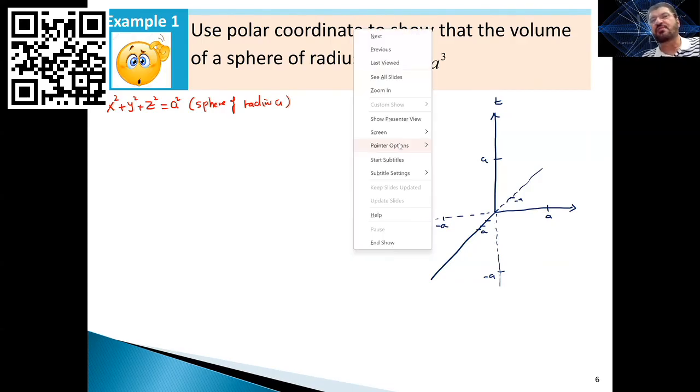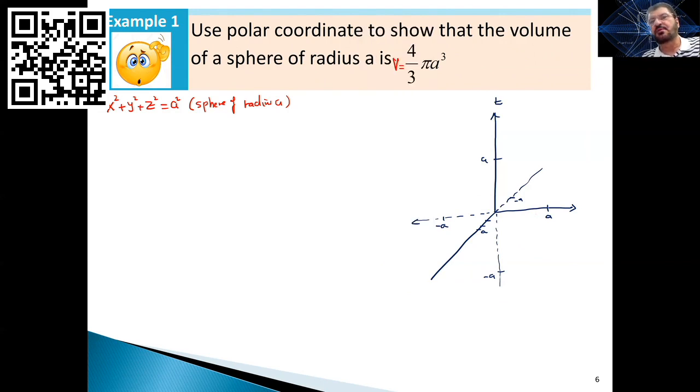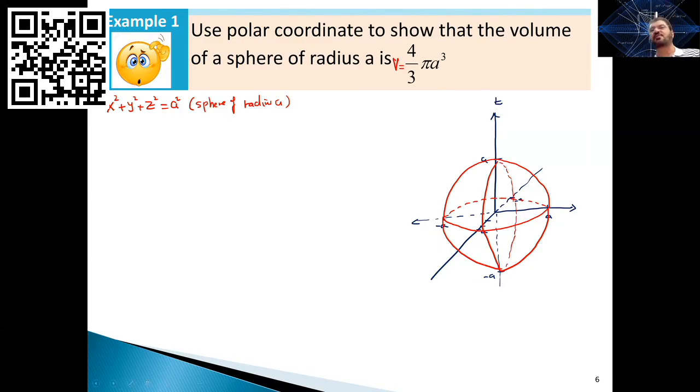And we graphed the sphere before, if you remember. So let's use the red one here. And then you go like that, and then it goes down. And then on the x-axis, you can go like this, and in the back, we go like that. So here is a sphere of radius a.